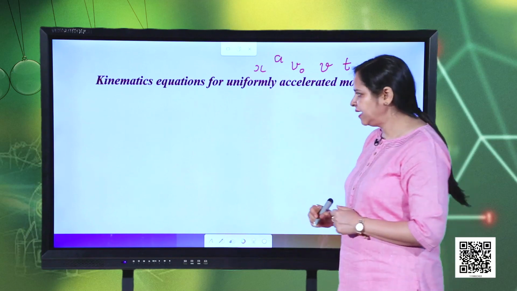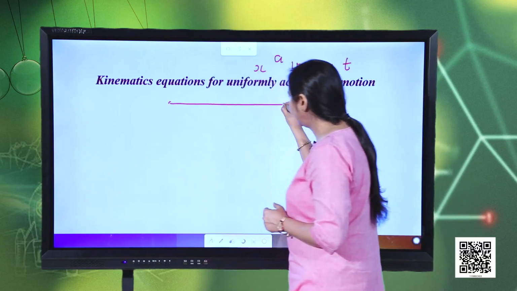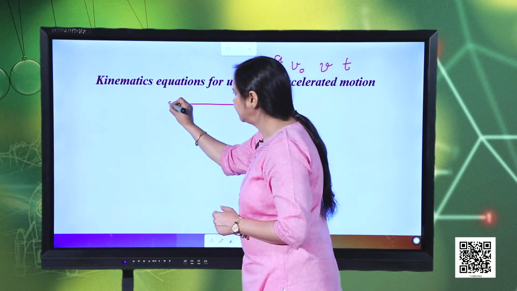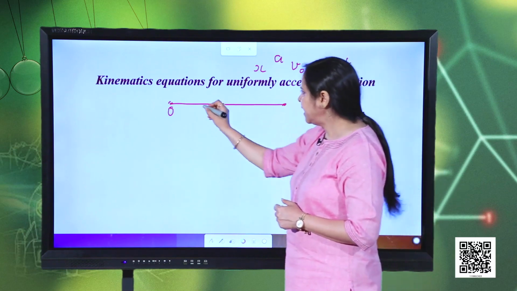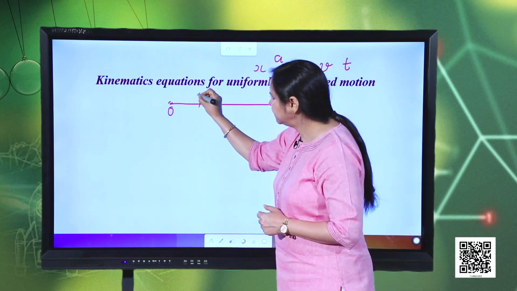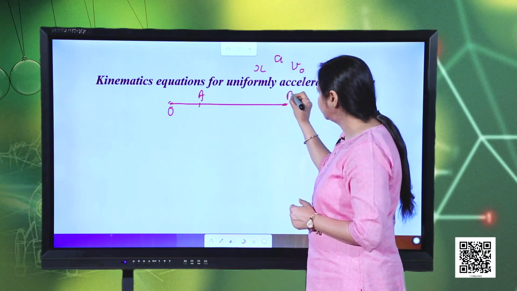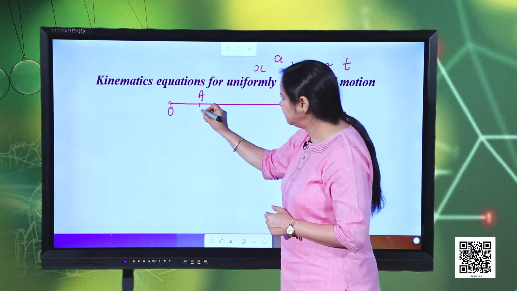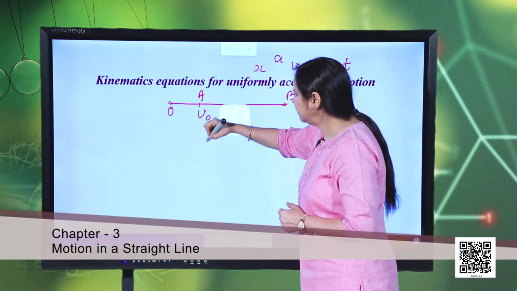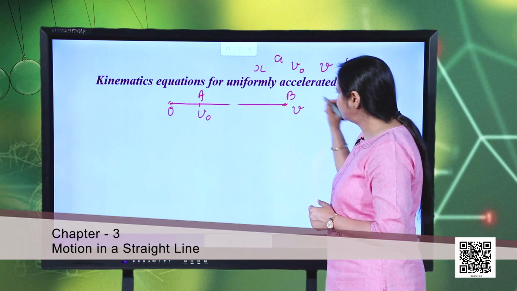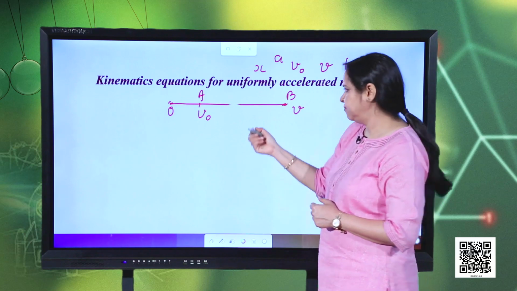For this, I consider a situation where a particle is moving between 2 points. Let us say this is the origin, and at any instant the particle is at position A, and let B be the final position. Suppose at A the velocity is v naught, and at B the final velocity is v.